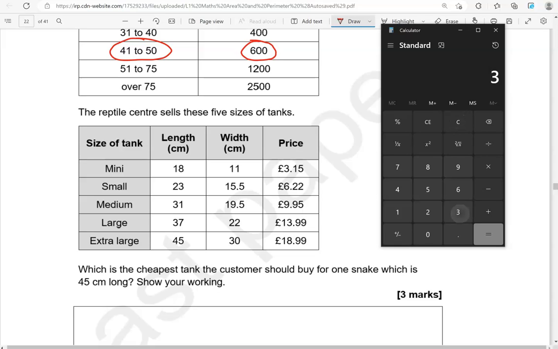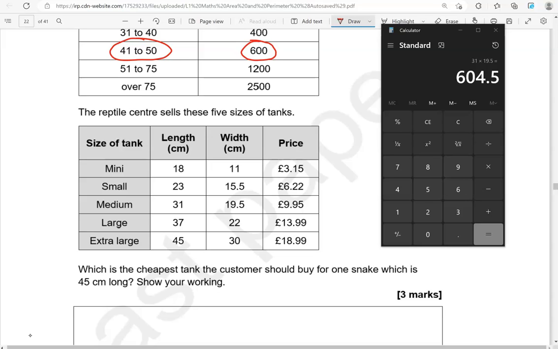Let's try medium. 31 times 19.5, which is 604.5, and that's just over 600, so that's the cheapest one.